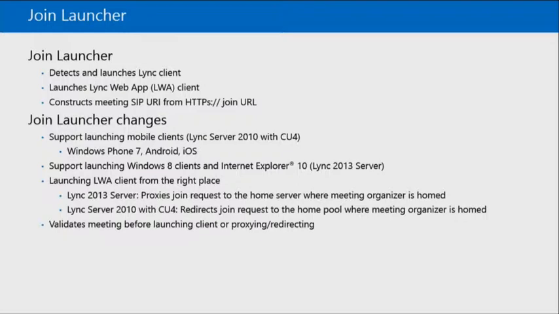So the Join Launcher detects and launches that Lync client based on you clicking on a link like meet.contoso.com or something like that. It launches the Lync web app or the Lync full client, and then it constructs the actual SIP URI of that meeting from the HTTPS join URL that you've just clicked on.